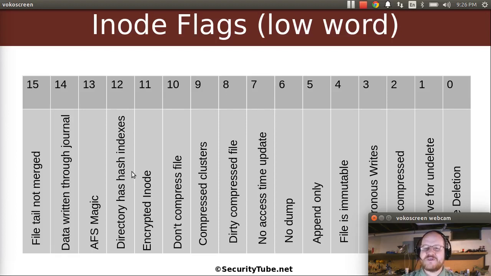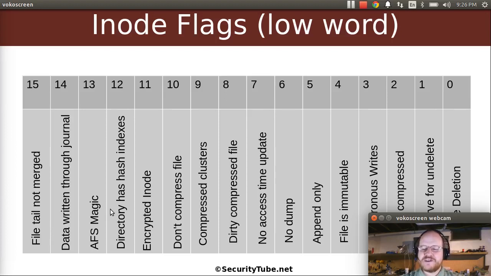We'll talk about what those mean in a future video. We can talk about AFS magic numbers. We can talk about data that has to be written through a journal, so you must use the journal when you write this data. We also can say this file's tail cannot be merged, so you can't merge it together with something else. And that's only half of them.